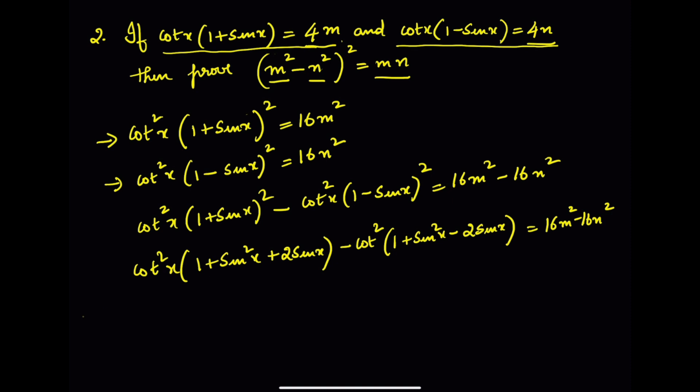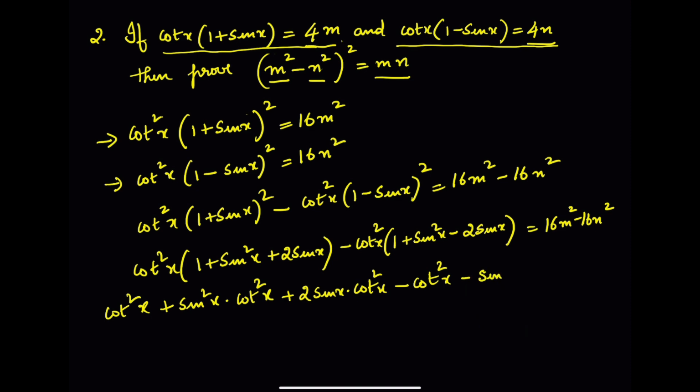Now let's solve this. This would be cot square x plus sin square x cot square x plus 2 sin x cot square x, minus cot square x minus sin square x cot square x, and this would be plus 2 sin x cot square x, is equal to 16 m square minus 16 n square.